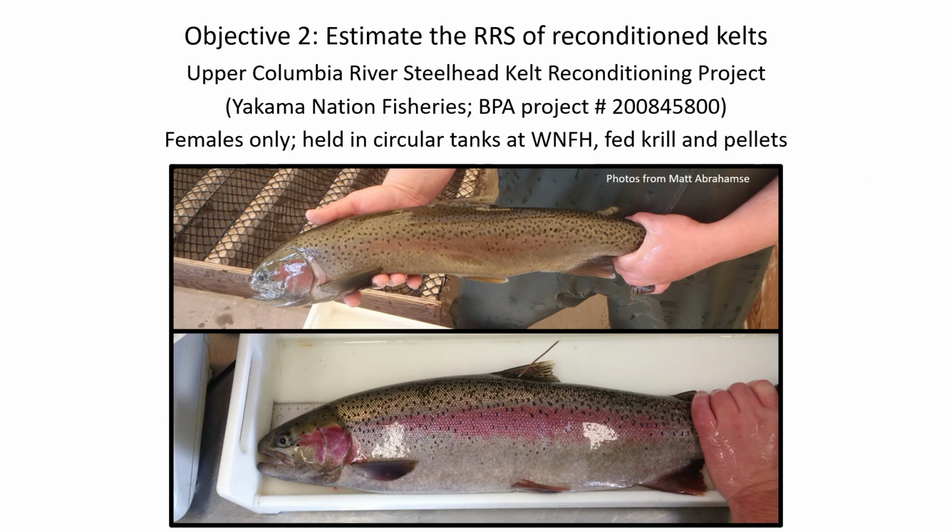Essentially, they hold these fish in circular tanks in a facility at Winthrop National Fish Hatchery, treat them for fungal infections and parasites, feed them a rich diet of krill and pellets, and release them in the fall to spawn again. And the pictures we're looking at here that Matt provided show the same fish right after it was spawned, and then on the bottom is after it's been reconditioned.